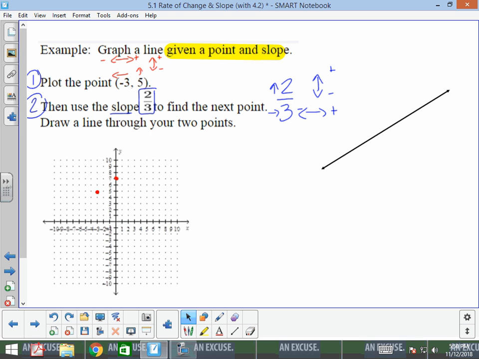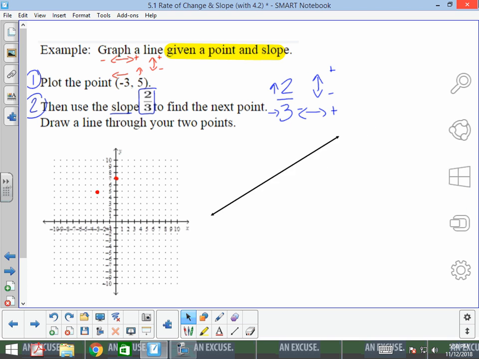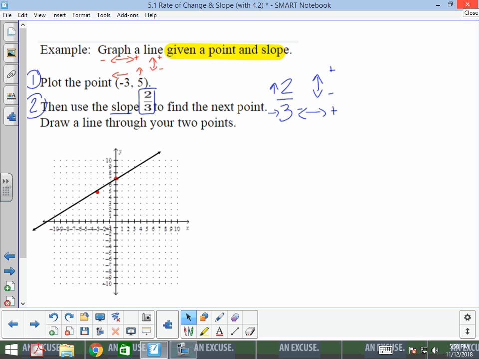Then you're going to draw a line through the 2 points. So I'm just going to show you what that should look like. You do need to use a straight edge of some kind and draw a straight line. Make sure your line is straight, that it's long, it takes up the whole coordinate plane, and arrows are on both ends.